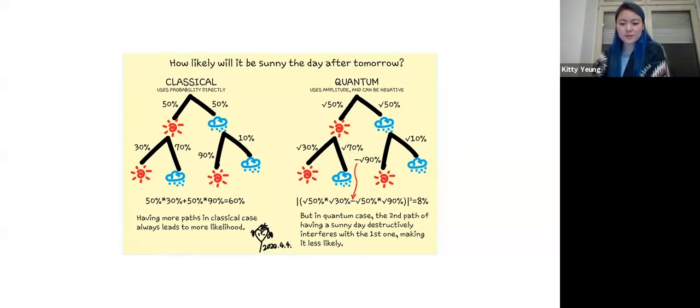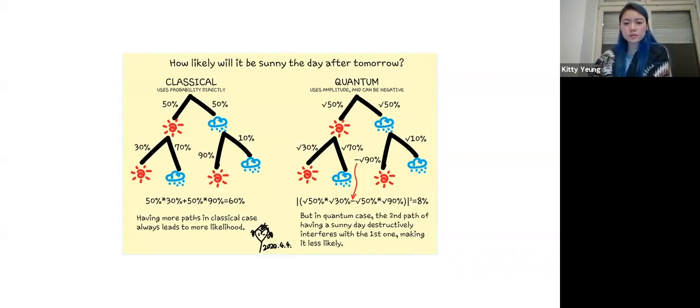So this is very strange. It is showing that in a quantum system, having more paths to get to the answer you want could lead to a reduction of its likelihood. This is very different from what we are used to in the classical case.